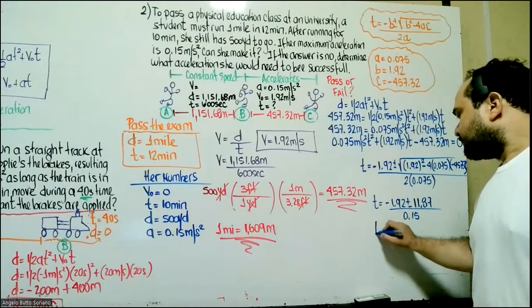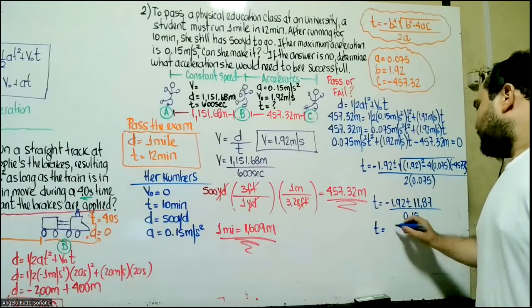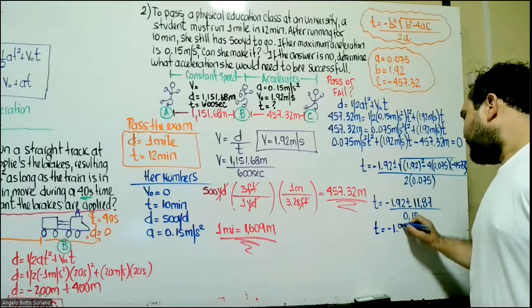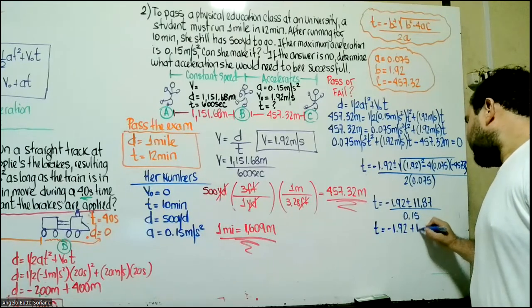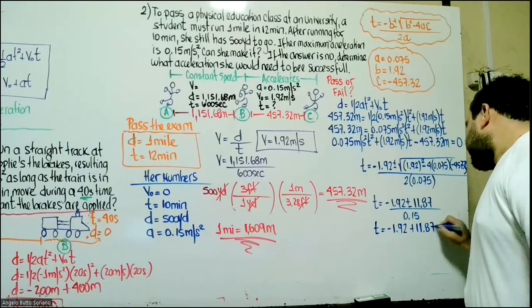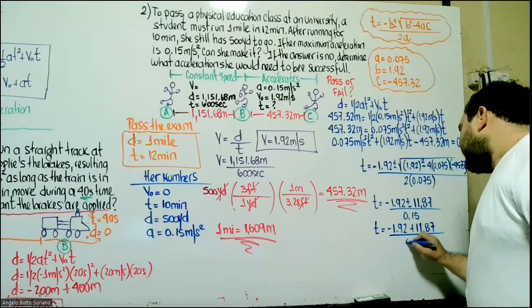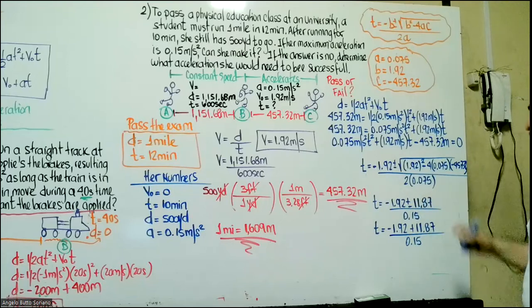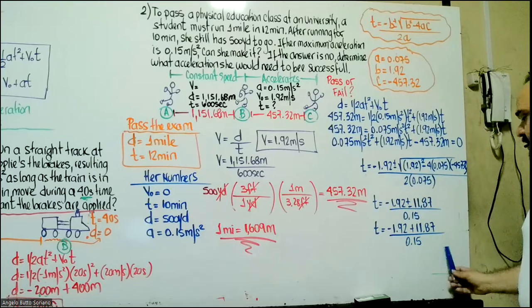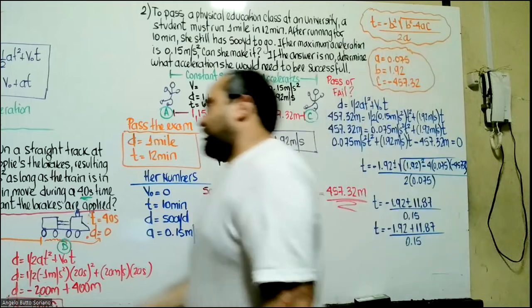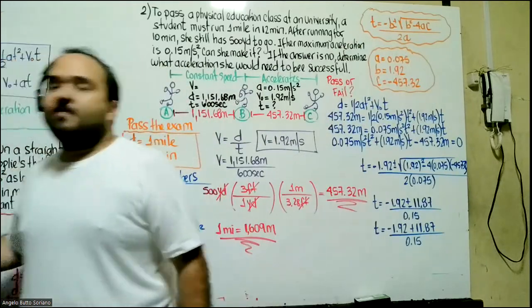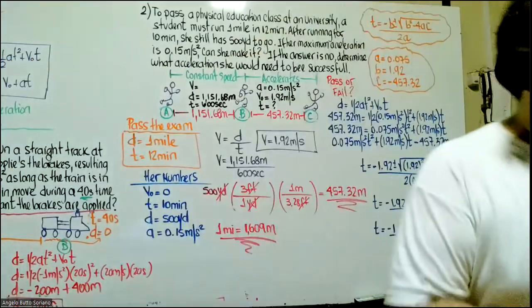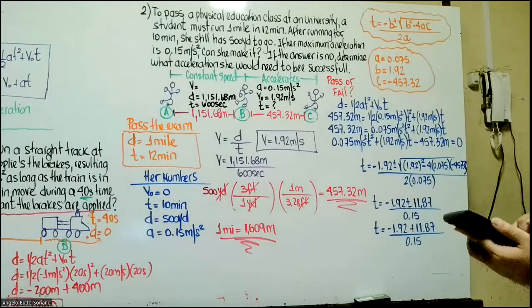So time equals negative 1.92 plus 11.87 divided by 0.15. Remember, 2 times 0.075 will be 0.15. Obviously, the first thing that we must do is perform the numerator, and after that, divide by that one quantity.